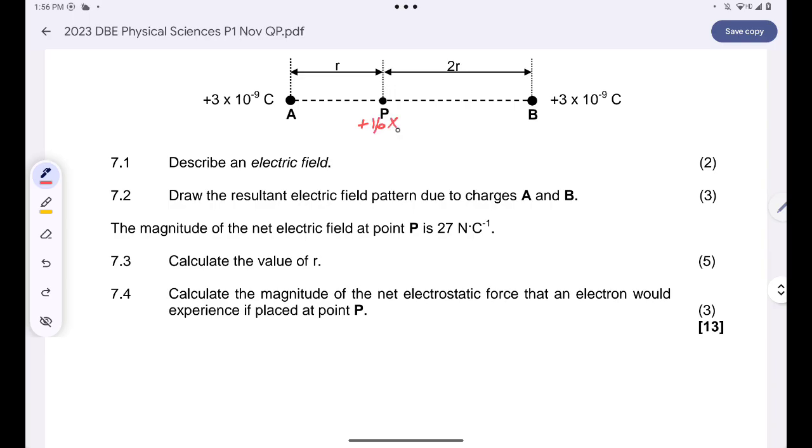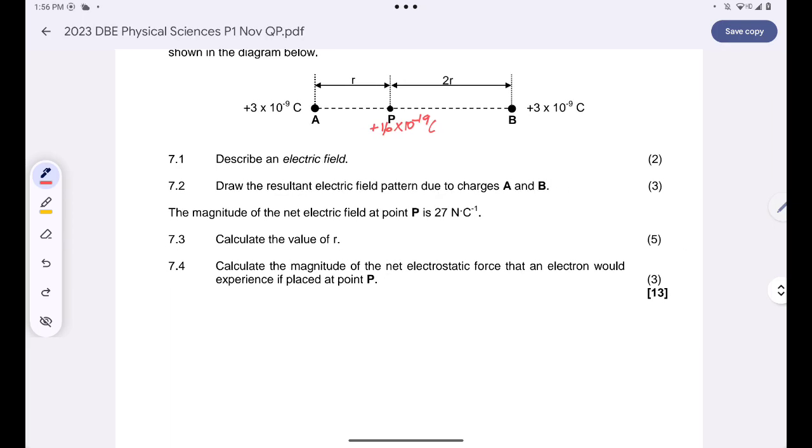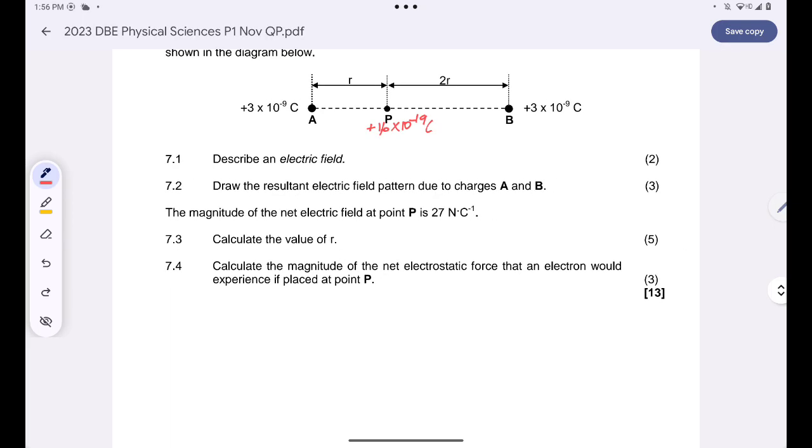And that point charge is 1.6 times 10 to the power negative 19 coulombs. Always assume that the point charge is positive unless they tell you that it's a negative point charge.